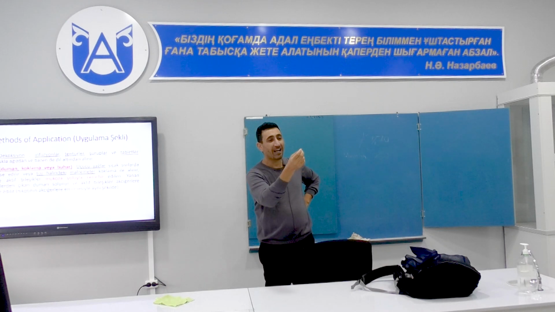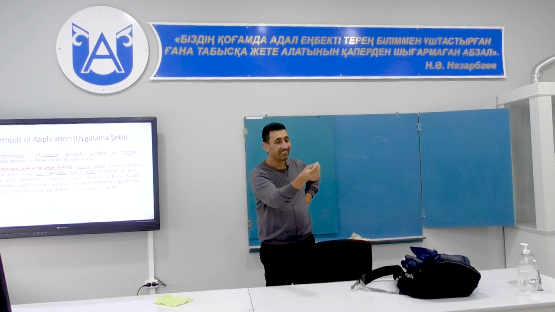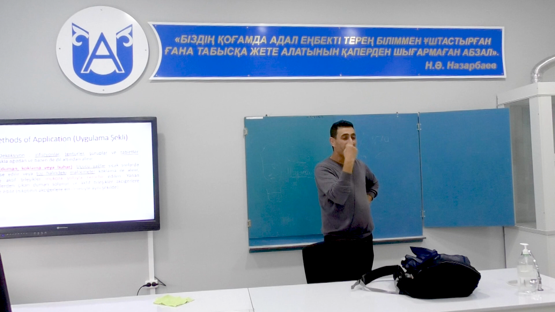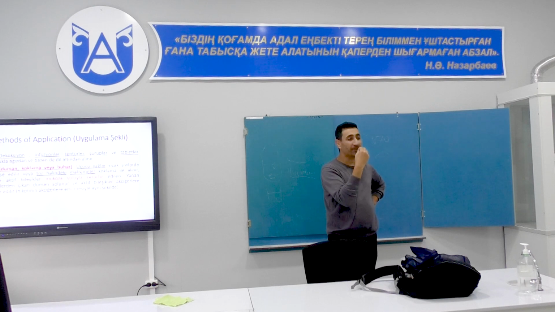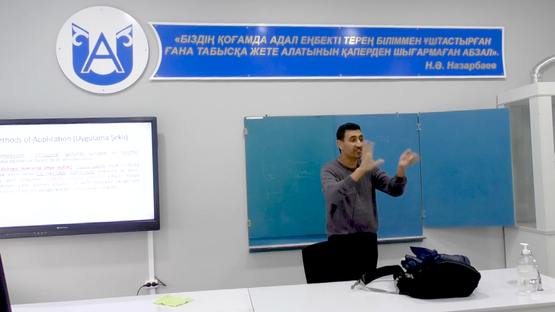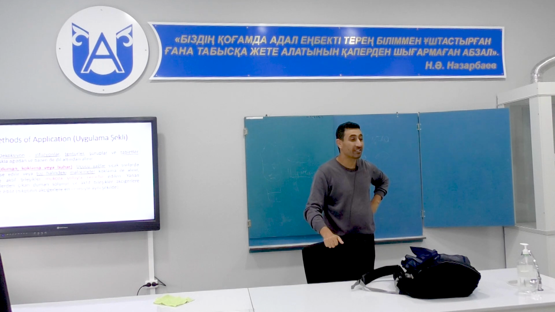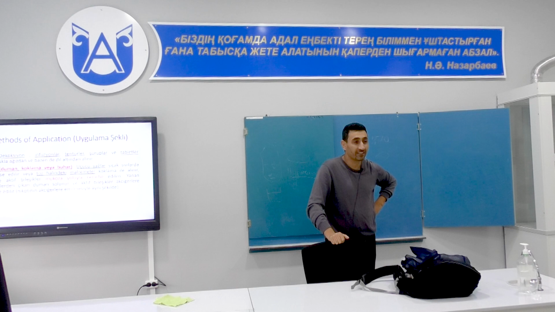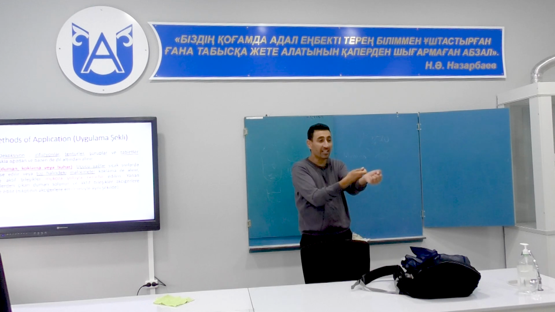Insulin is a polypeptide. Okay. If you take it by mouth, what happens? The structure is denaturated in the stomach. Therefore, you must take it into the blood.